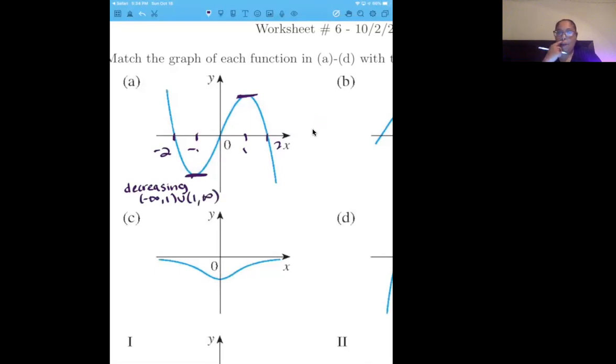So what I know about the derivative, the slope has to be negative. If it's decreasing, the slope is negative, which means it needs to be below the x-axis. Now it's increasing from -1 to 1, so it needs to be above the x-axis on this interval.